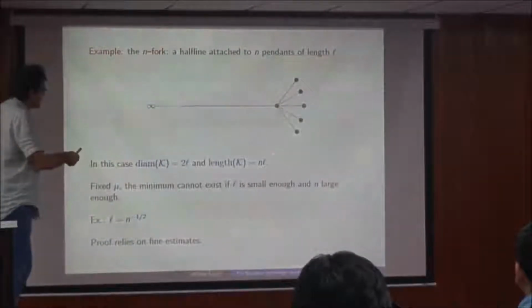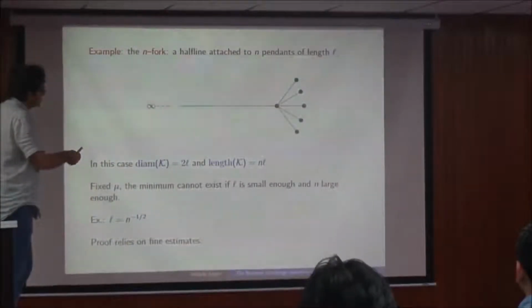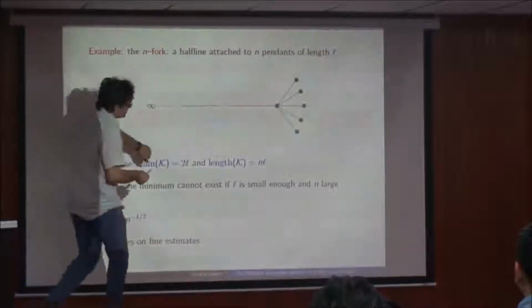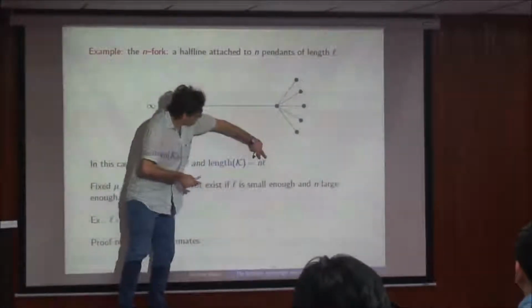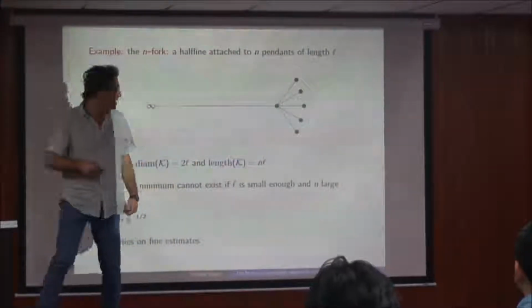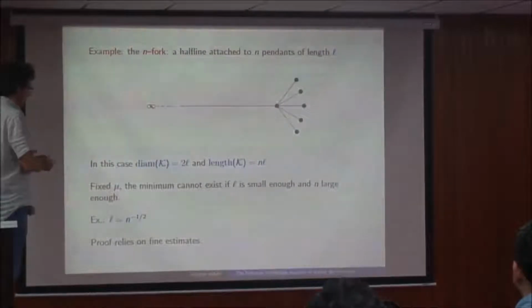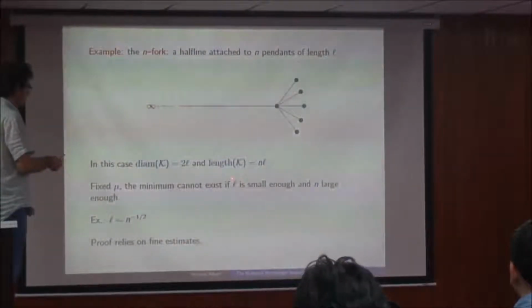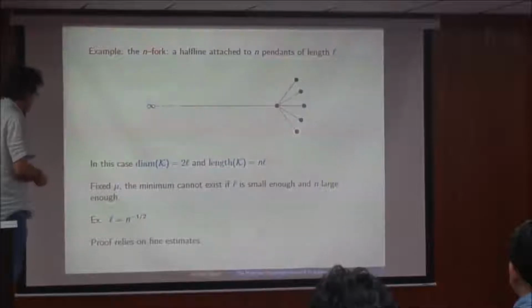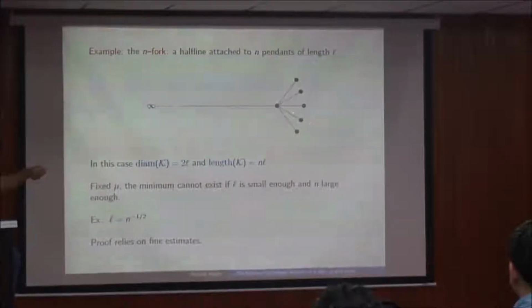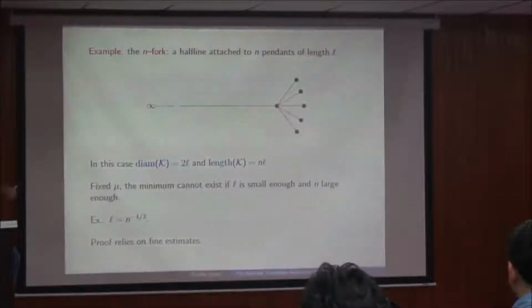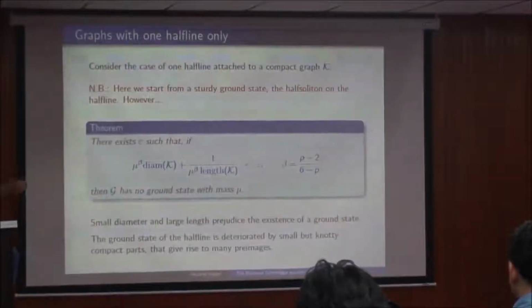So now one can try to match these two numbers, N and L, to make the theorem effective. And it is very simple, because you fix mu, and then you want L to be small and N to be large. So, for example, once the number of pendants is fixed, decide that L is equal to N to the minus 1/2. So what happens here?